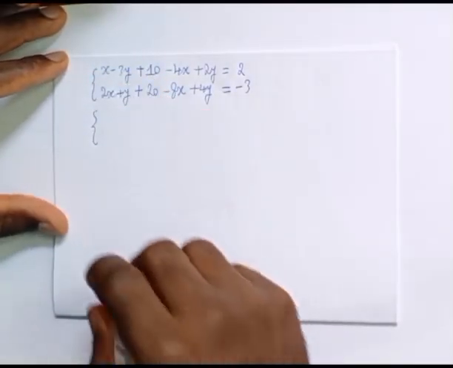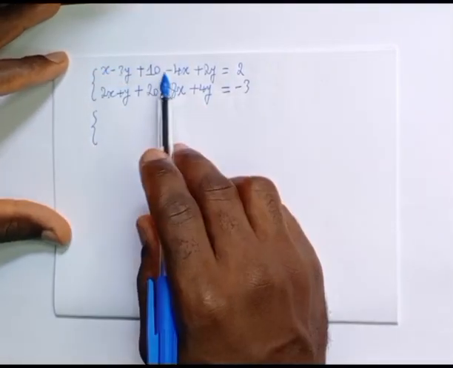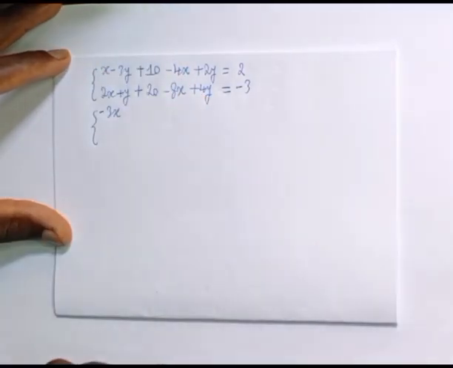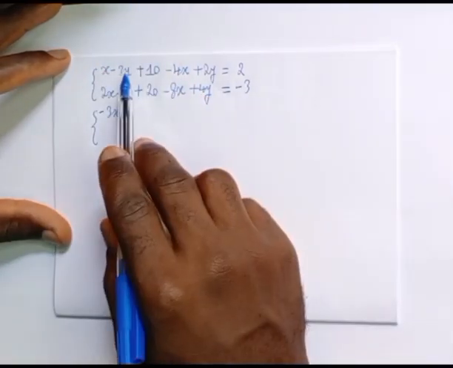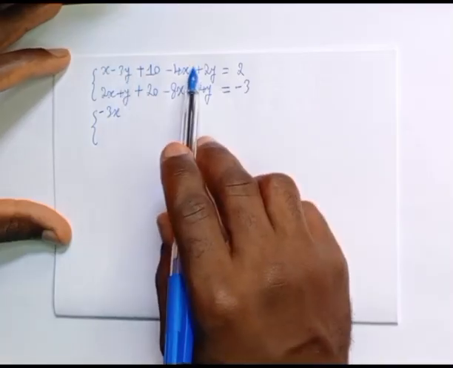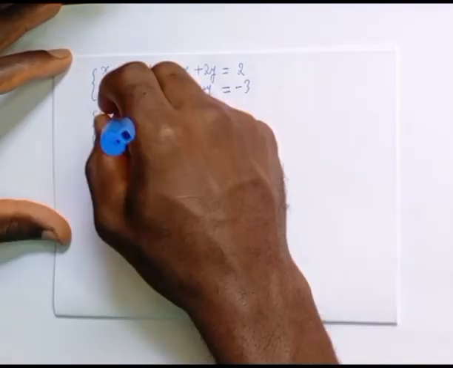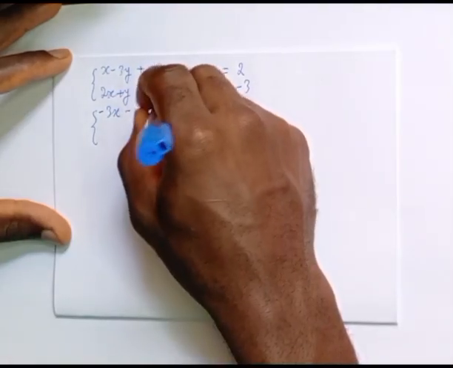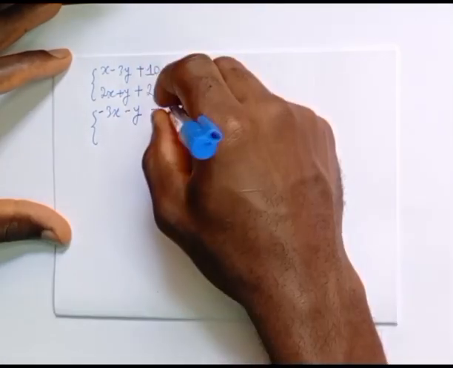This will give us x minus 4x gives us negative 3x. Negative 3y plus 2y gives us negative y is equal to 2.